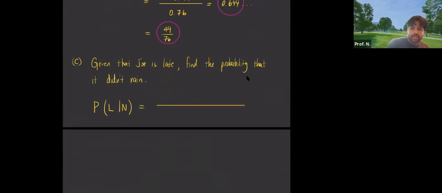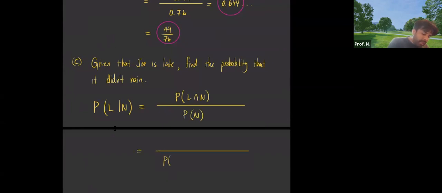This should be a little bit quicker now, I hope. No? Okay, so what would this look like as a conditional probability? The probability that L intersect N over the probability that N occurs, right?